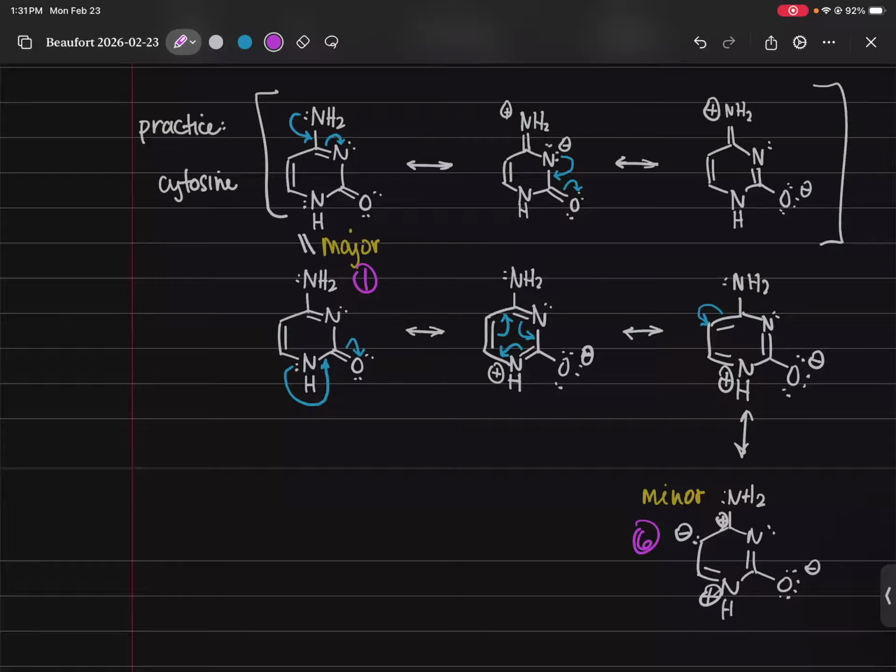So the next one is negative charge on a more electronegative atom. Fortunately, in all of these cases, except one, the negative charge is on the oxygen, right? And then we have one case where it's on the nitrogen. Between nitrogen and oxygen, which is more electronegative?